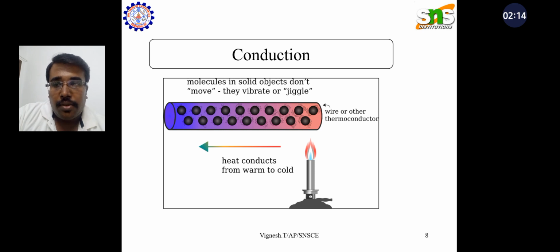One particle starts to vibrate, then it affects the closest particle, and those particles will also accelerate, right? The acceleration keeps on continuing, so the heat moves from one end to another end. This is the actual conduction.